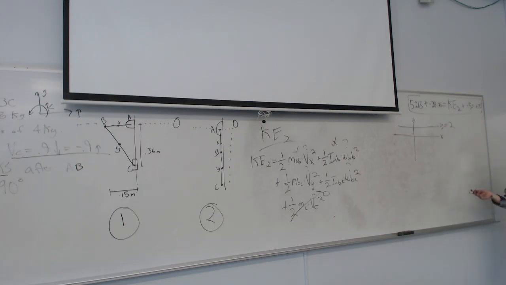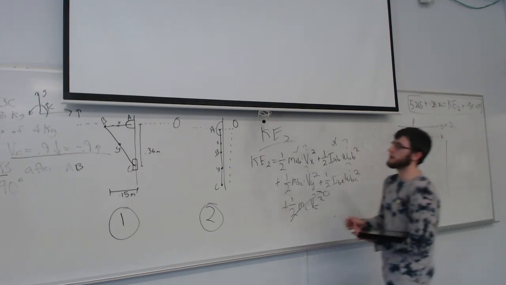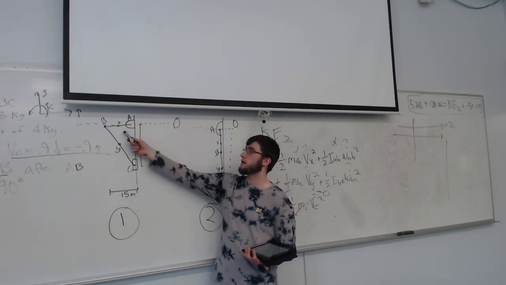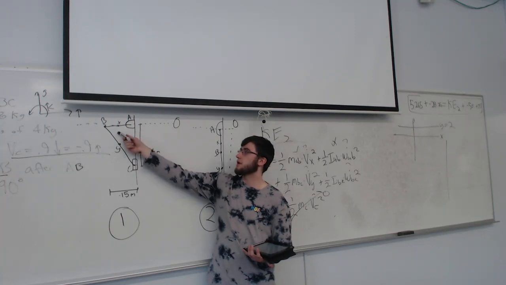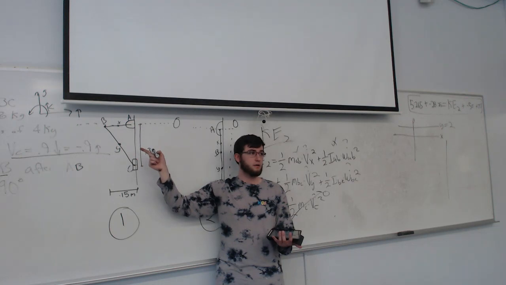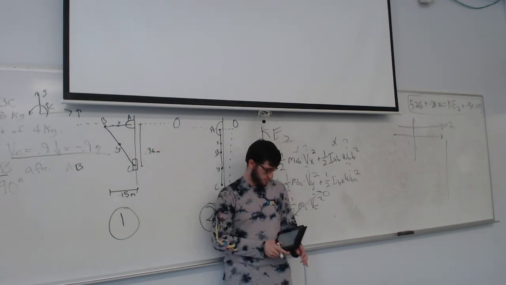So if you draw a line this way, that's x. So height is the y direction. Okay. The 0 would always be at the pin, right? You can put it anywhere you want to, but I put it there because in state 1, when you put it there, you can cancel out the potential energy associated with rod AB because it's at the 0 line.